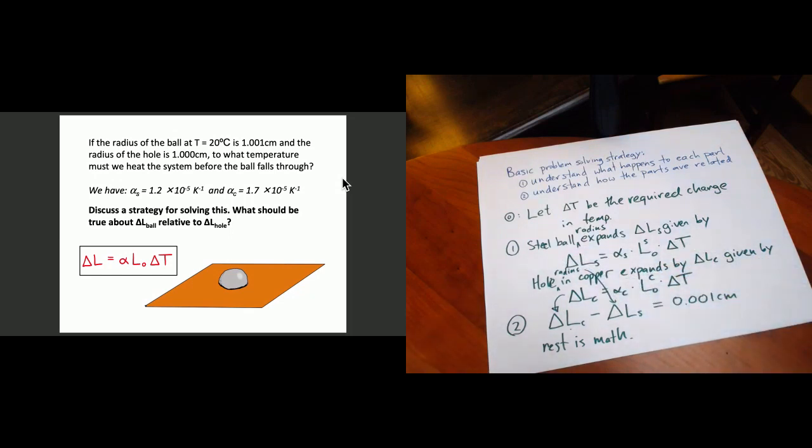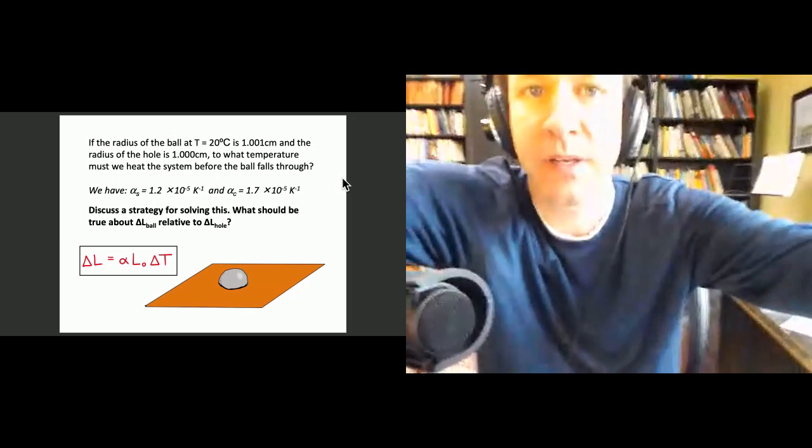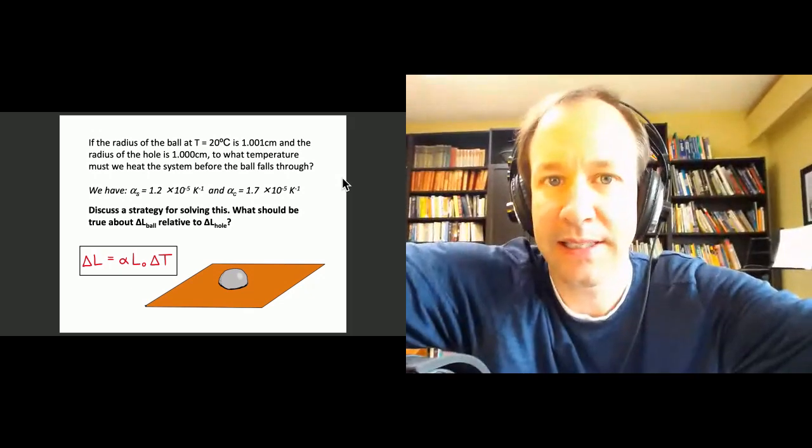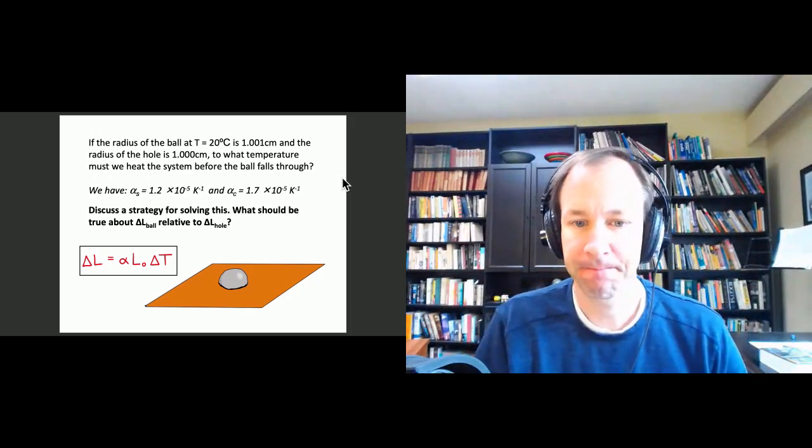We're going to substitute in those two equations, and then we end up with a final equation where the only unknown is delta T. And so we'll isolate for delta T and then solve. If you want, you could try to complete that question, but as I mentioned, you're going to see it next week, and similar questions on the homework next week.